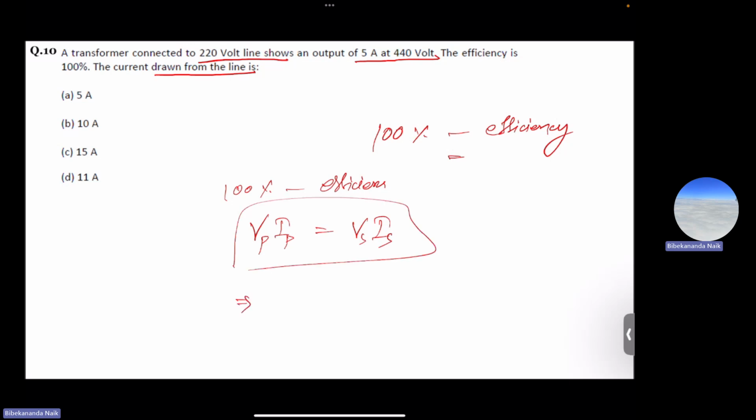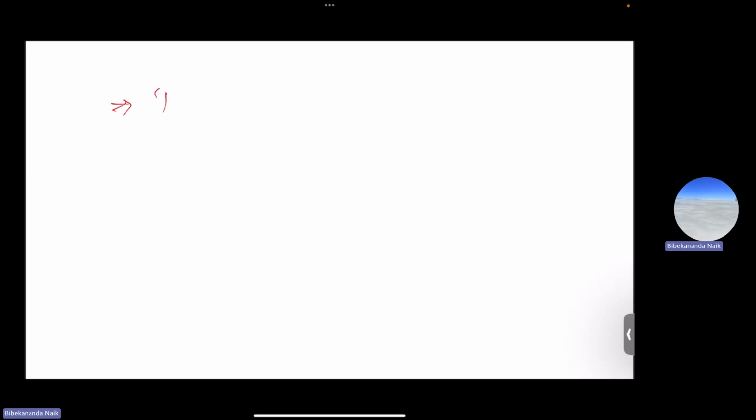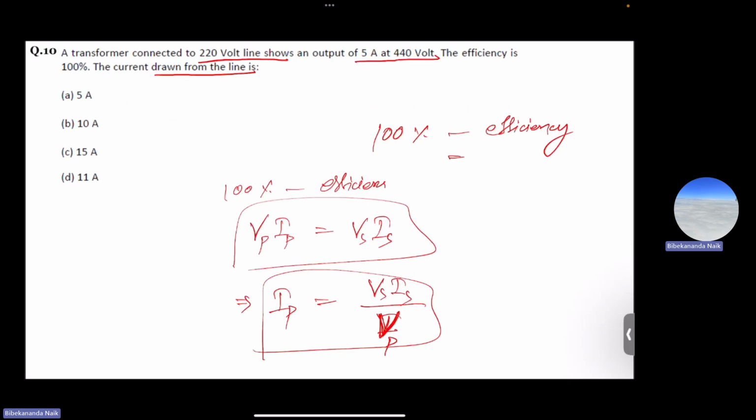That implies IP is VS IS divided by VP. So IP is 440 into 5 divided by 220, so 10 ampere. The correct answer is option B, 10 ampere.